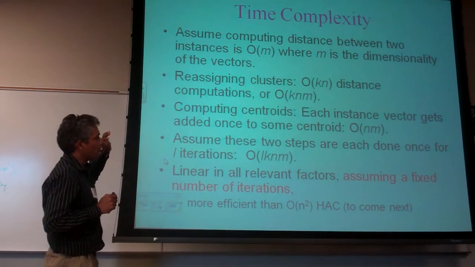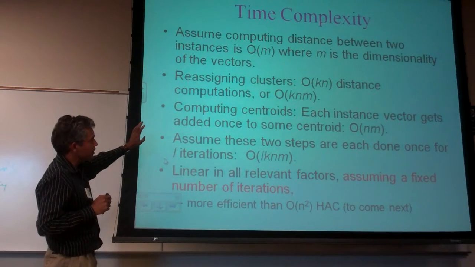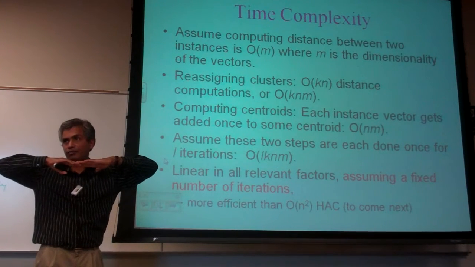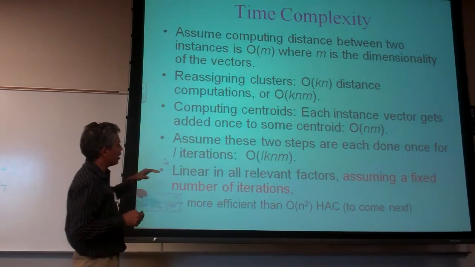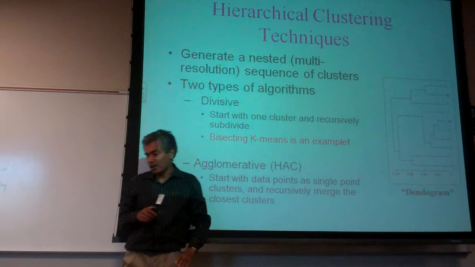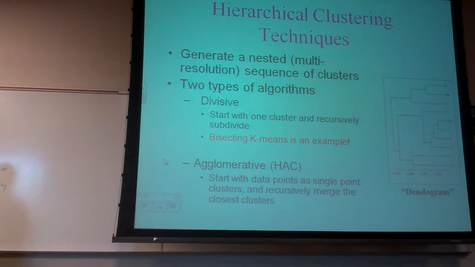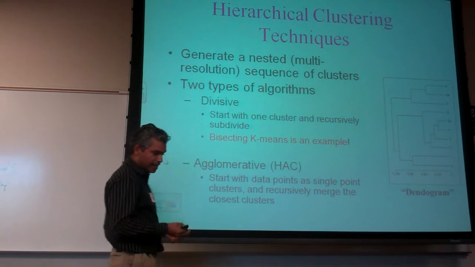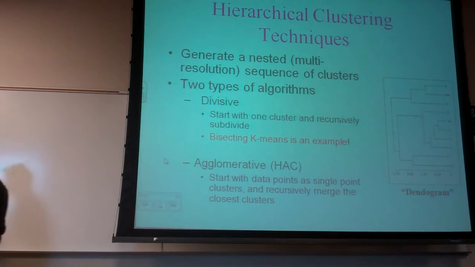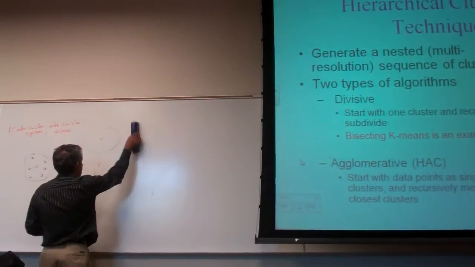Okay, what I'm going to talk about next: K-means is sort of a flat clustering. So what we'll discuss now is a different type of algorithms called hierarchical clustering algorithms. In these, in essence, you want to generate, instead of saying there are exactly K clusters, something different.